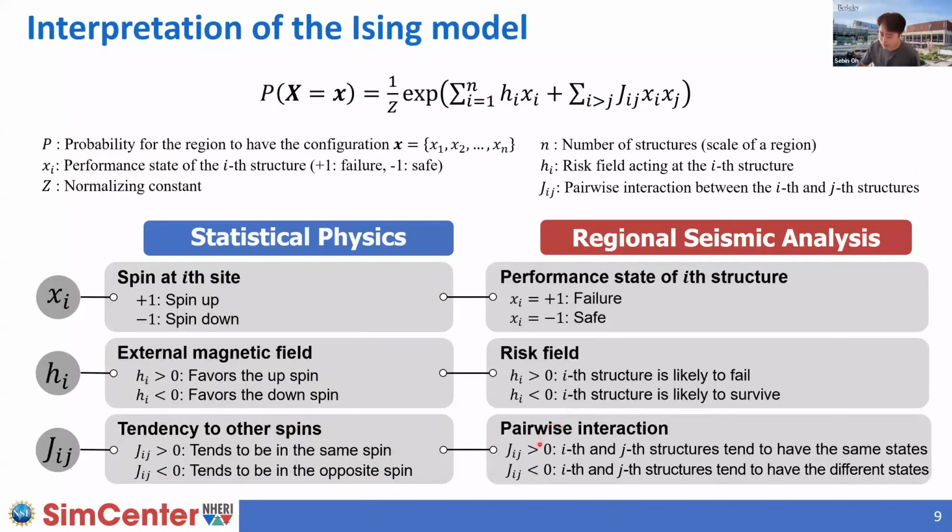So in this sense, Jij is interpreted as a pairwise interaction between the ith and jth structures. So when Jij is positive, Xi and Xj tend to have the same sign.